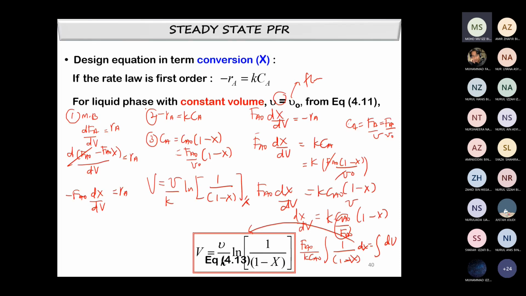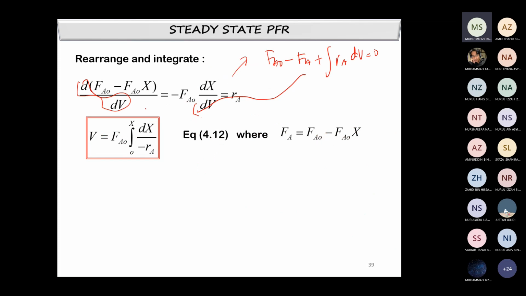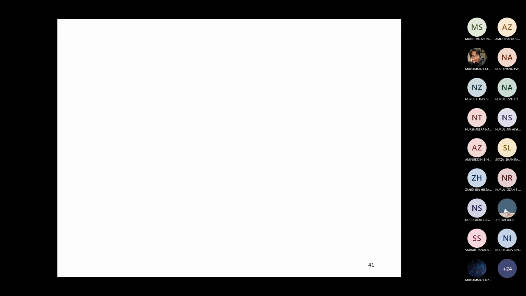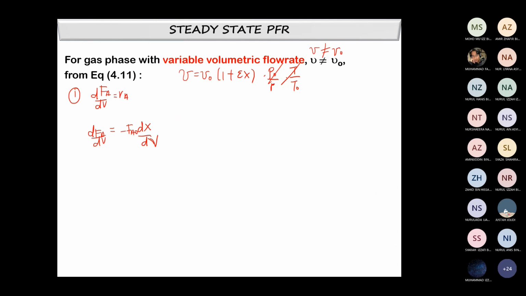Kita tengok balik yang ni. So RA ni adalah mewakili negative FA0 dX over dV. Daripada situ kita tengok balik what is RA.